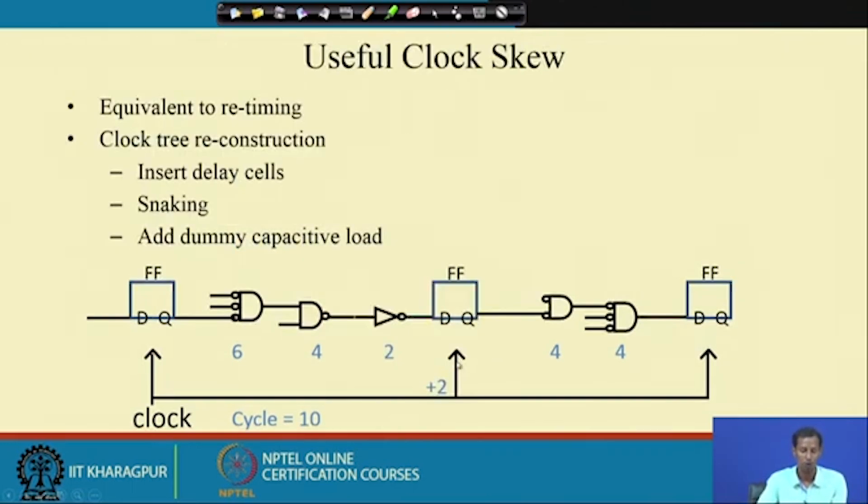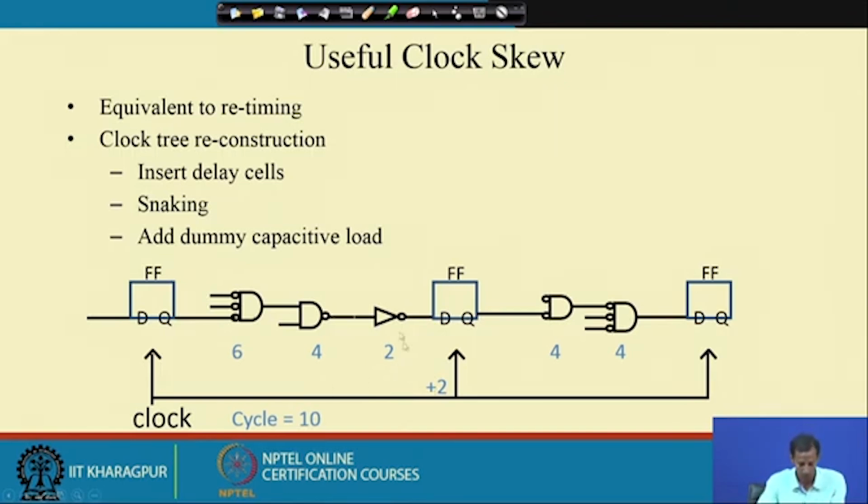Another thing we can do is add a skew of 2. If I put the clock in the same direction as the data, it will reduce the clock period by 2.